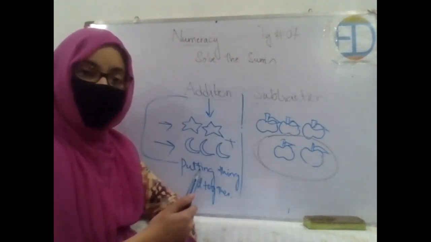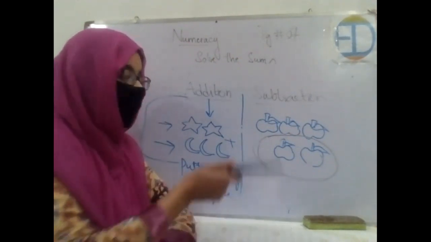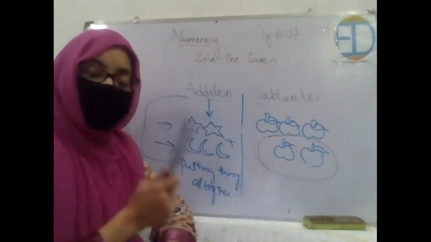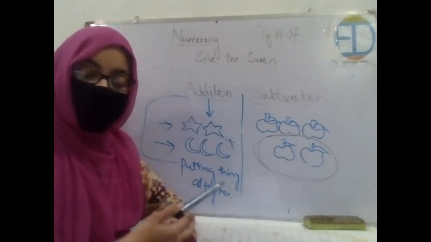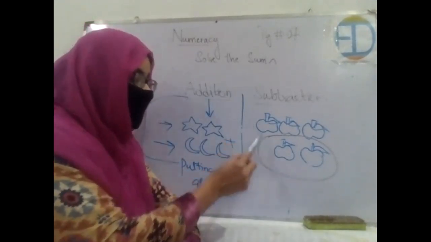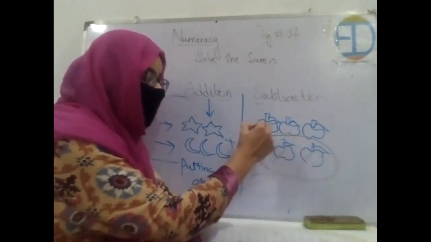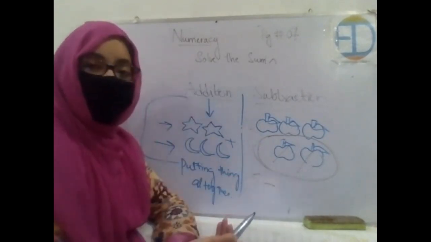So what we are doing basically is subtracting, we are minusing one number from the other one, right? Or we can say that we are finding the difference between two. First you have five. Now when you take away two of them, how many apples are left? Three. So how will you find the difference?